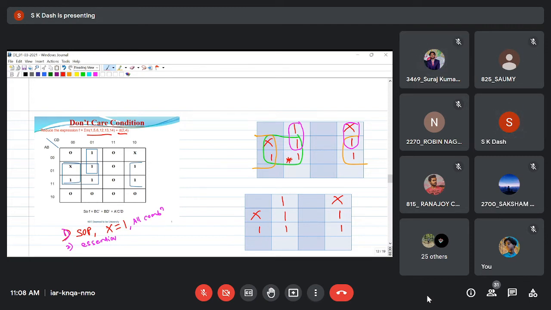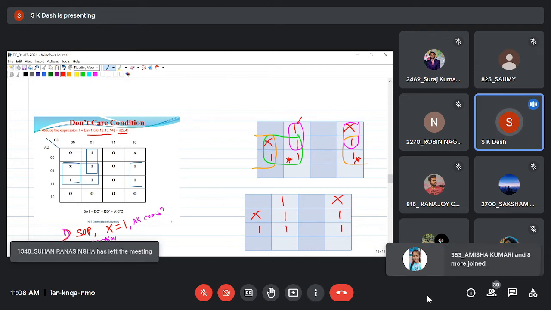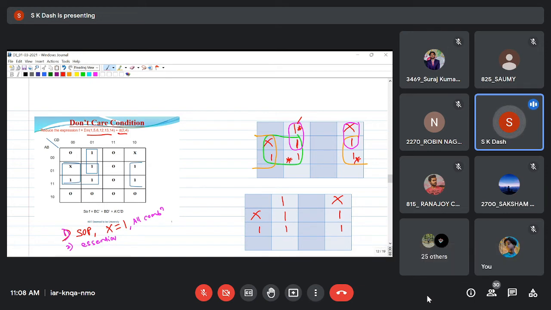Yes, sir, because of this one. Then third, this pink color pair, is it essential? Is there any single one which can be covered using that pair only? Yes, sir. This one can be covered using either a quad or a pair, but this one can be covered only using this pair. Okay. The last pair, is it essential?